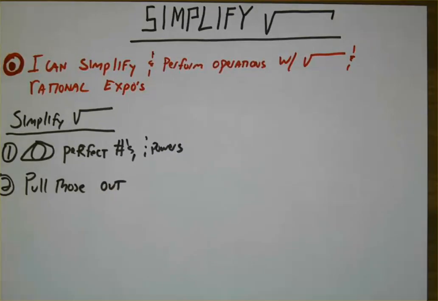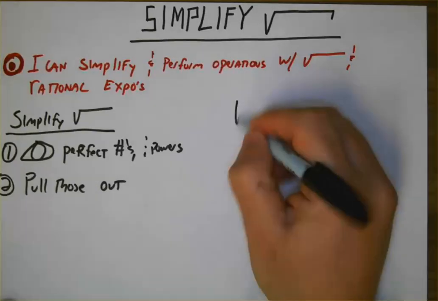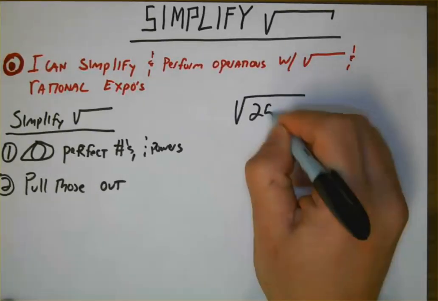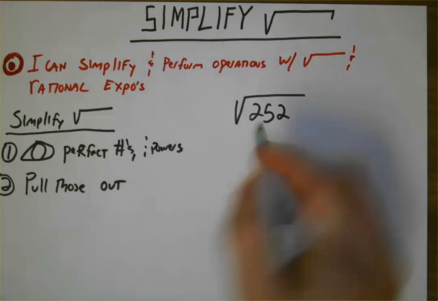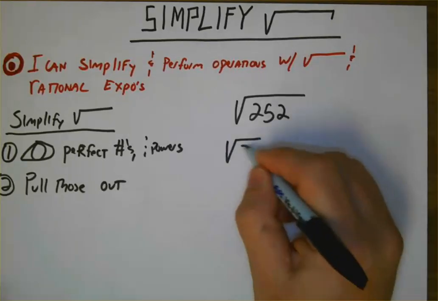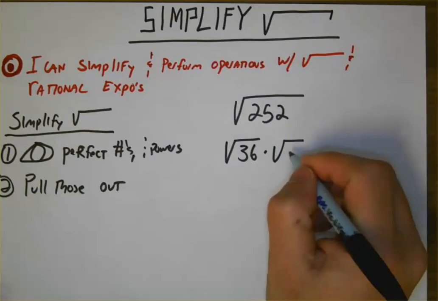So let's do one like radical 252. I have to think, do I know any perfect square roots that go into radical 252? I just try trial and error. I do know that one of them is radical 36, so radical 36 times radical 7.